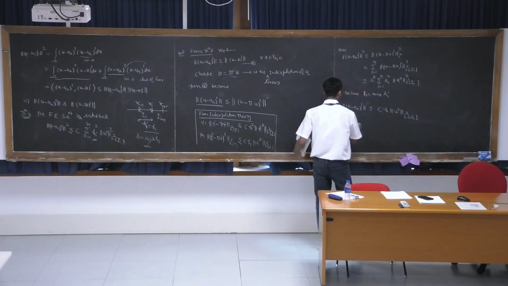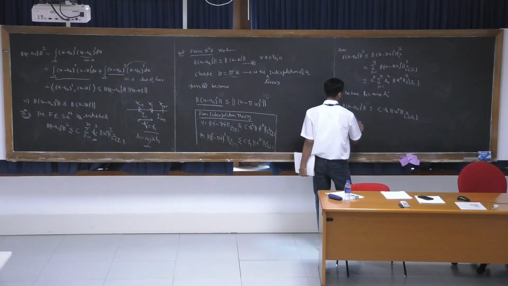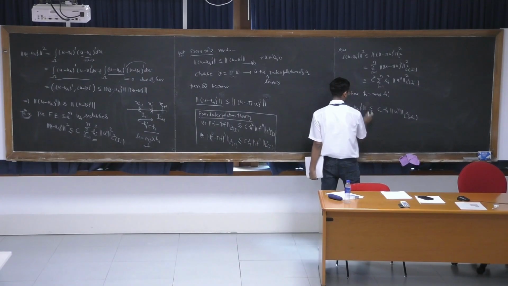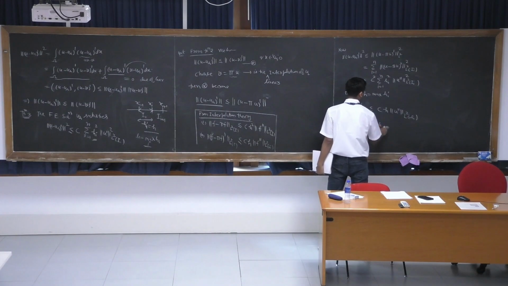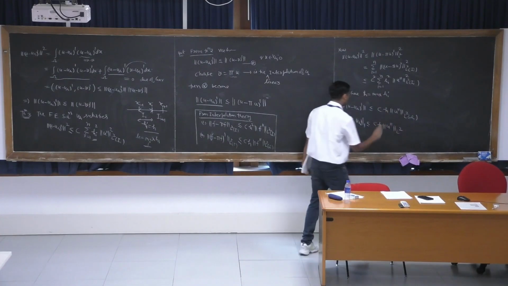So u minus u_h in H1, if you remove this dash, is less than or equal to C H u double dash over L2.